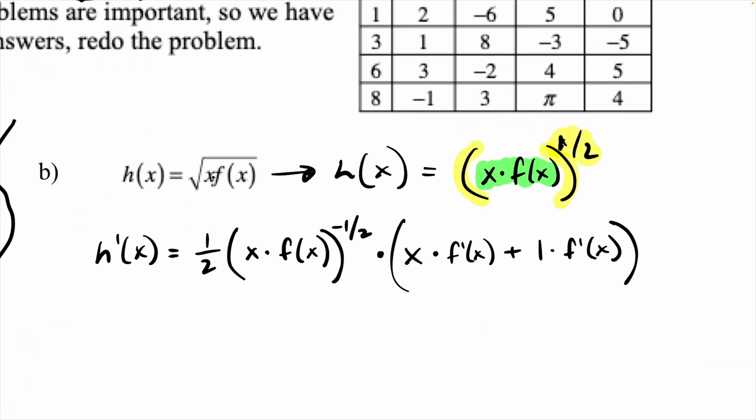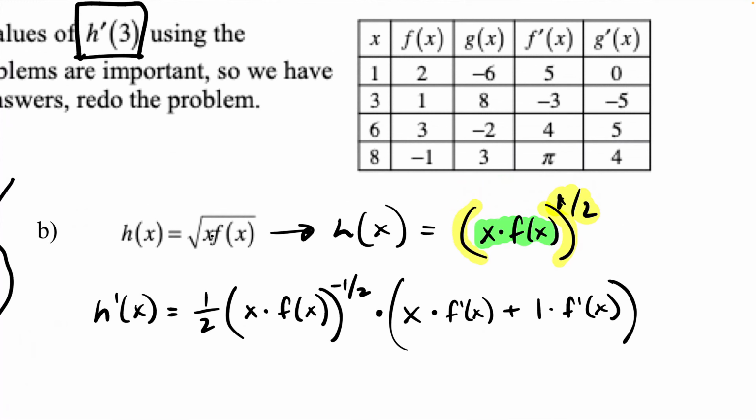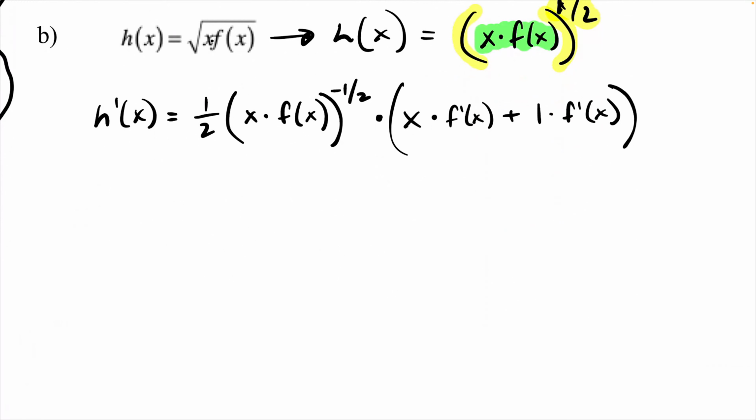So this one's just like the last one. They want to know h prime of 3. H prime of 3. So every x gets changed to a 3. It's 1 times f of x, not f prime of x. So 3 times... why would you do x times f prime of x plus 1 times f prime of x?